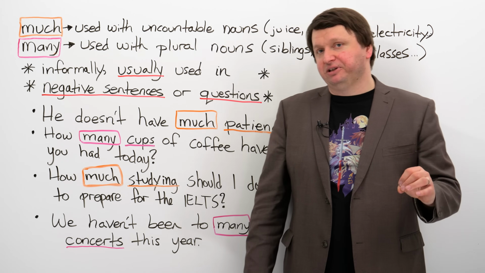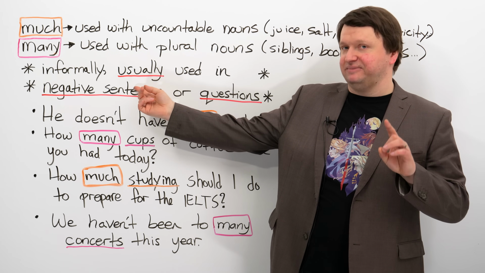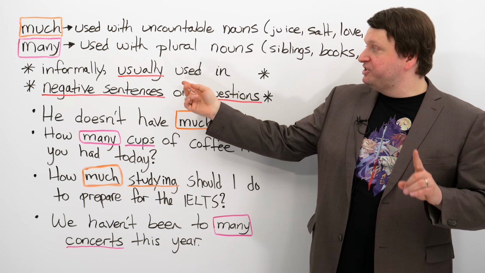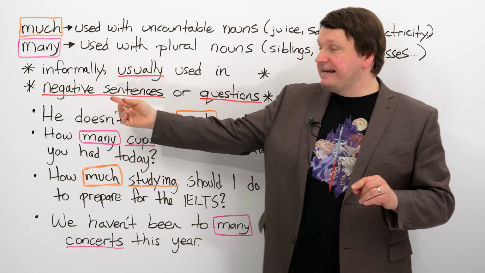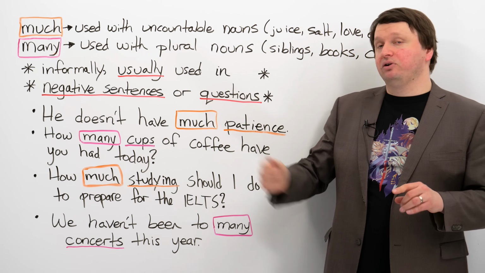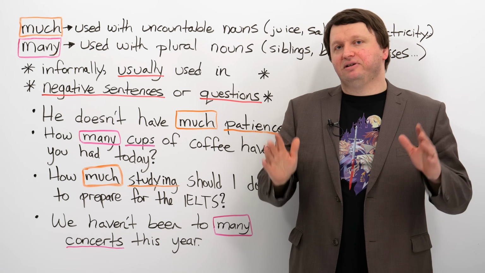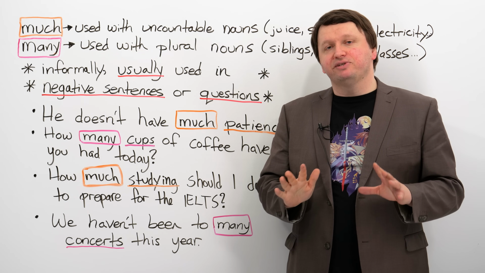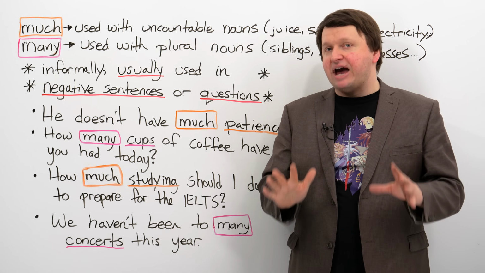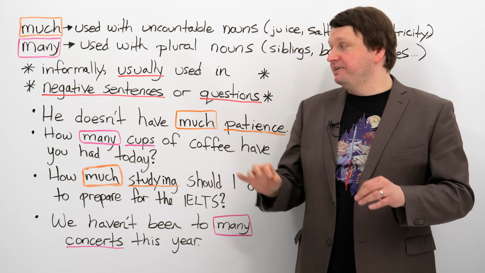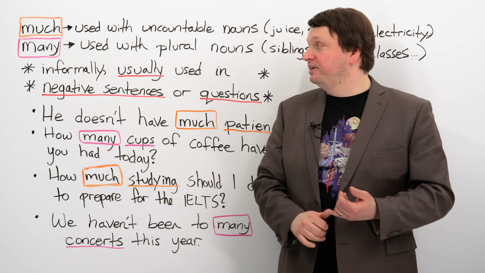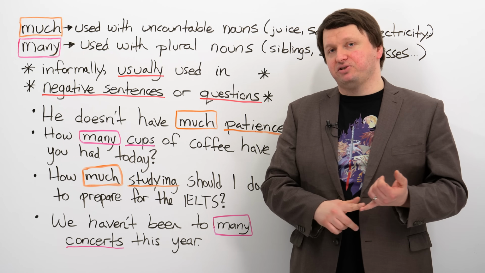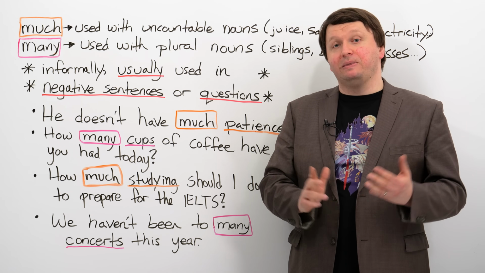Now, informally, usually, and notice I underlined the word usually, much and many are used in negative sentences or questions. Now, one of the things I mentioned at the start of this video is that I will teach you some of the uses that maybe you haven't heard in your classes, because there are many teachers who teach that you can only use much and many in negative sentences or questions, and that is simply not true.